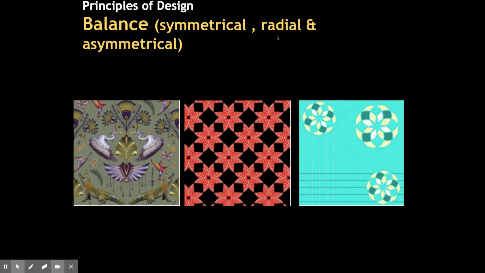So this is what we call radial symmetry. We see this in starfish in nature, right? So another type of symmetry. And then here we have asymmetrical balance. These shapes over here, the rounded sort of star shapes, are balanced out by these lines over on this side, right? Not the same, but still balanced.